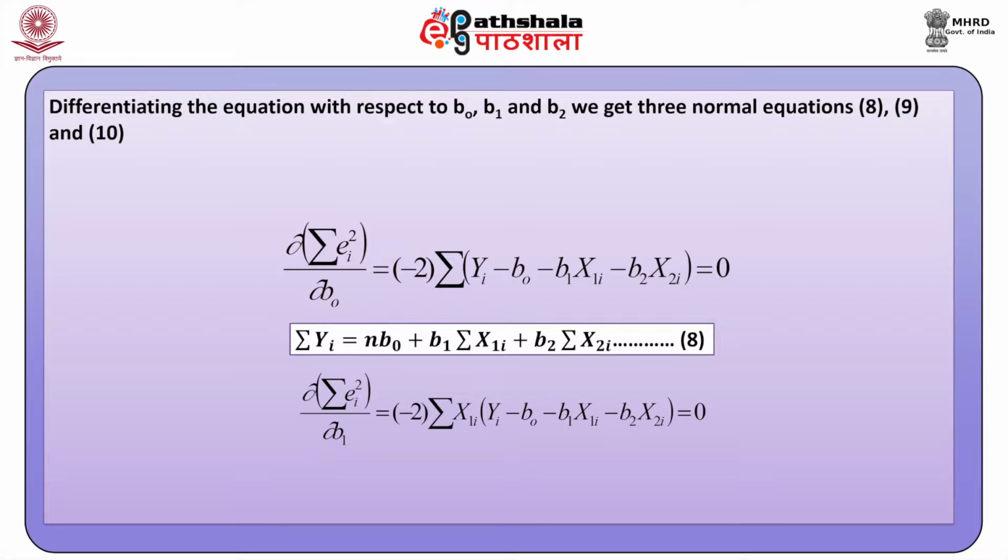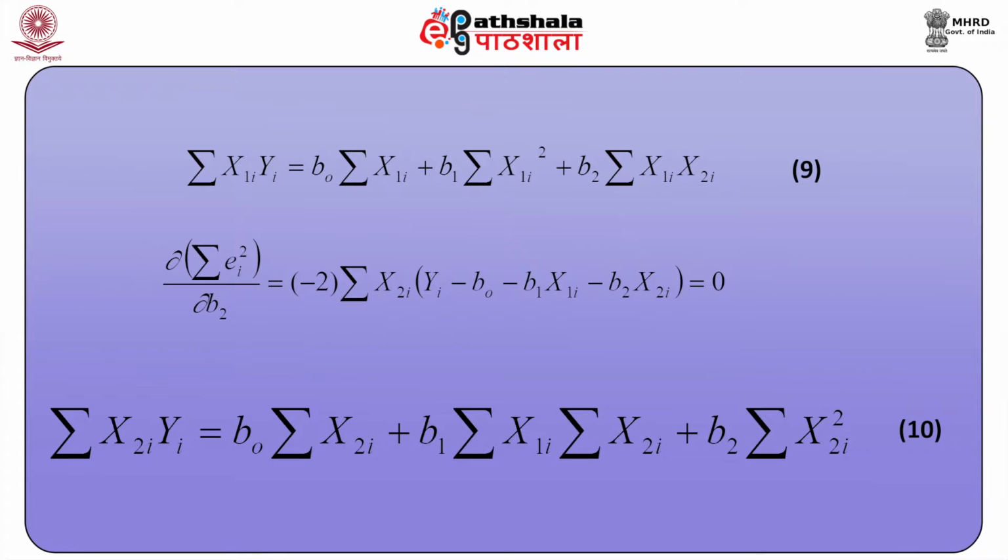Delta sigma ei squared upon delta b1 is equal to minus 2 sigma x1i multiplied by yi minus b naught minus b1 x1i minus b2 x2i is equal to 0. Sigma x1i yi is equal to b naught sigma x1i plus b1 sigma x1i square plus b2 sigma x1i x2i.